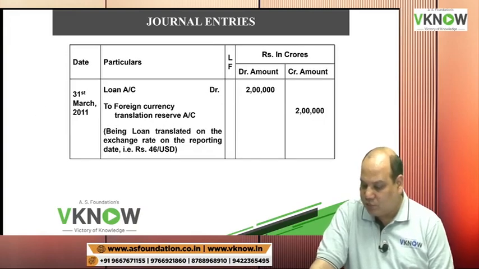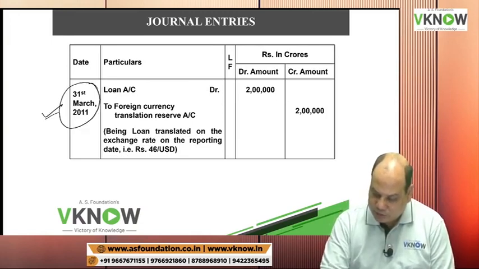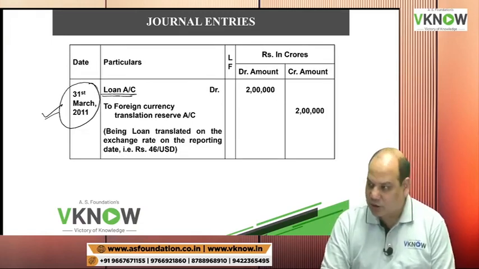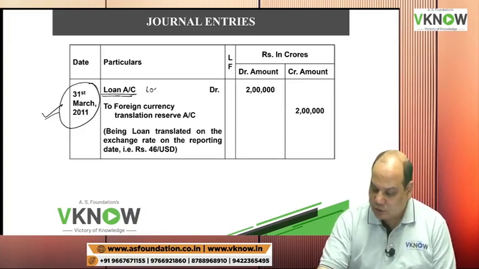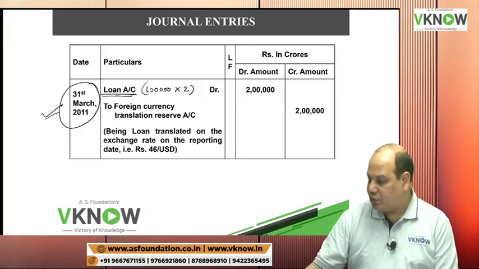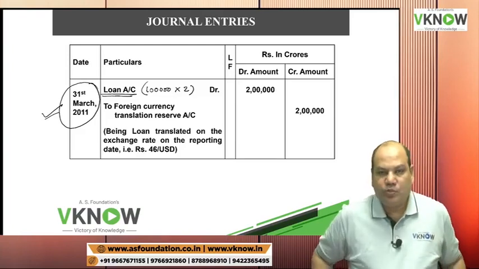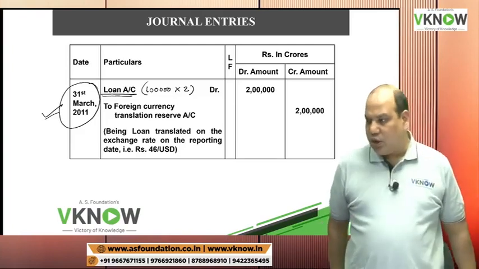And in the same way, third entry, same date, loan will be retranslated. Loan liability will also reduce by 2 rupees. Entry will be loan account debit 2 lakh.